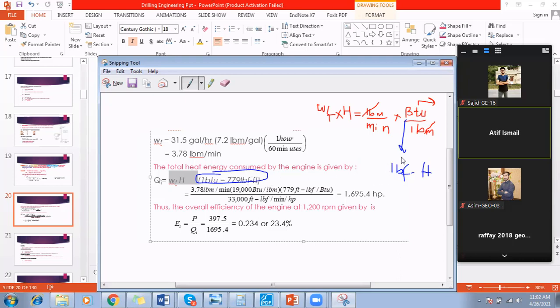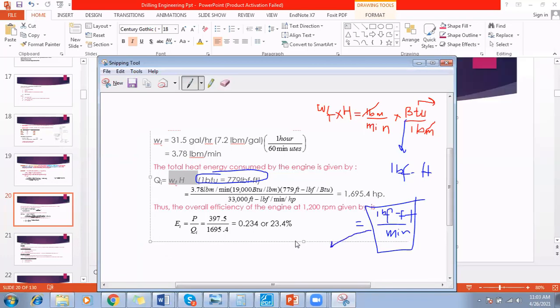After this conversion, you will have LBF feet per minute, and that LBF feet per minute will be converted into HP.